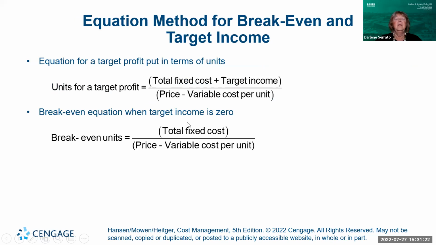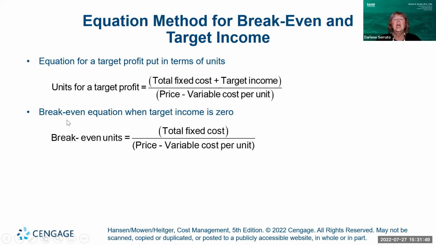Okay, so the units required for a target profit. You're going to take your fixed cost plus your before tax income and divide by contribution margin per unit. Price minus variable cost per unit is contribution margin per unit.